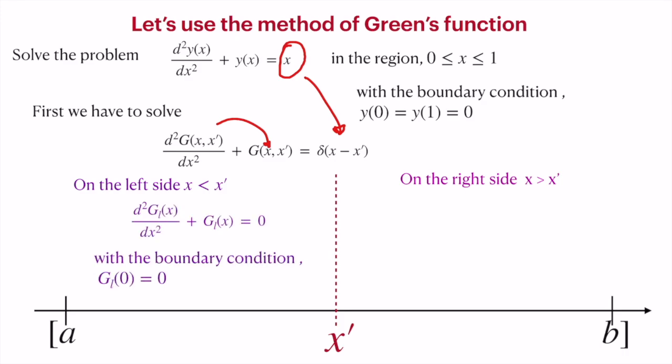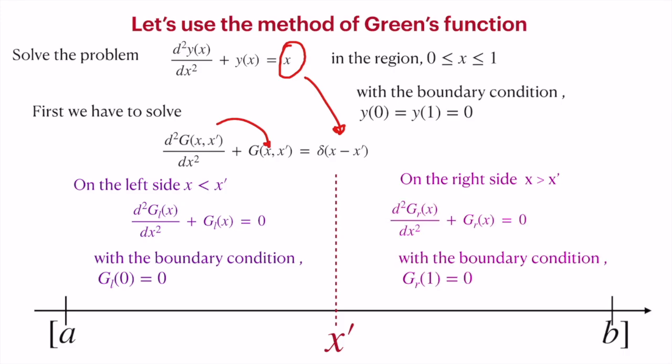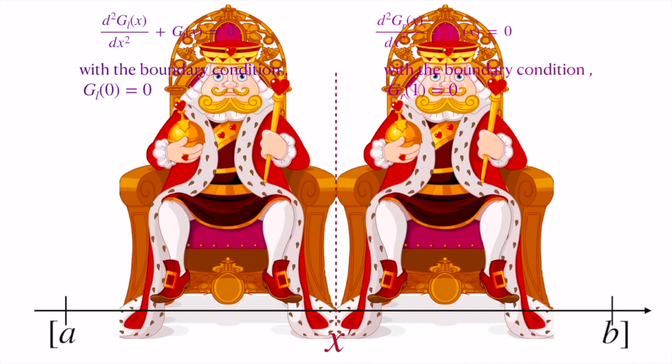On the left hand side, we have d square gl by dx square plus gl is equal to 0, where gl stands for the left hand side solution, which needs to satisfy the boundary condition gl of 0 is equal to 0. On the right hand side, we have d square gr by dx square plus gr of x is equal to 0, where gr stands for the right hand solution, which satisfies the boundary condition gr of 1 is equal to 0. So this is what we need to find out, both gl and gr.